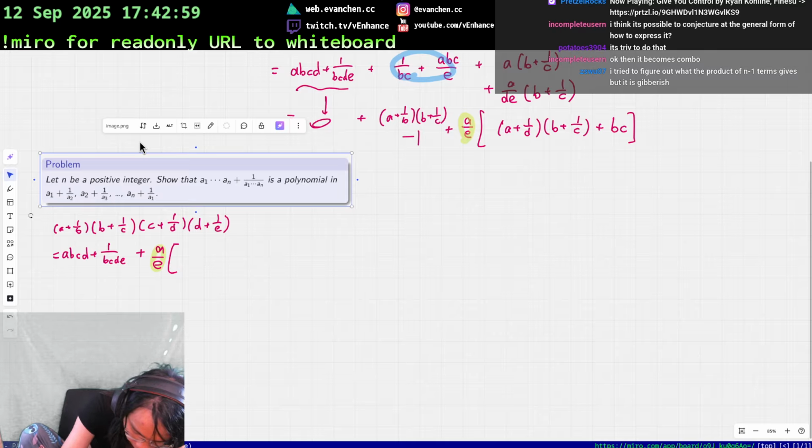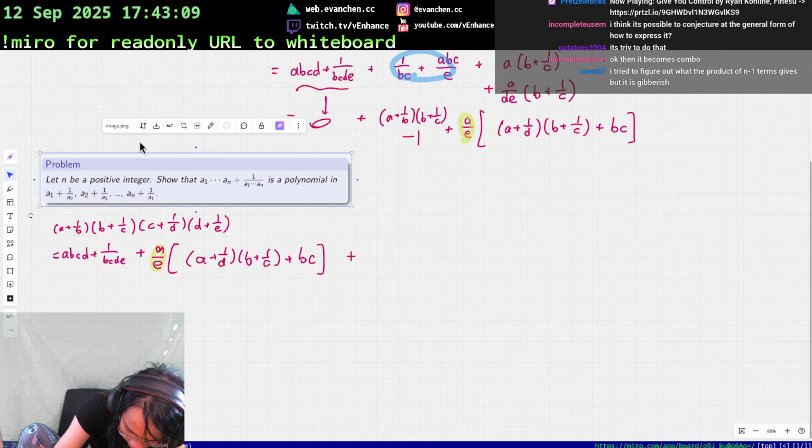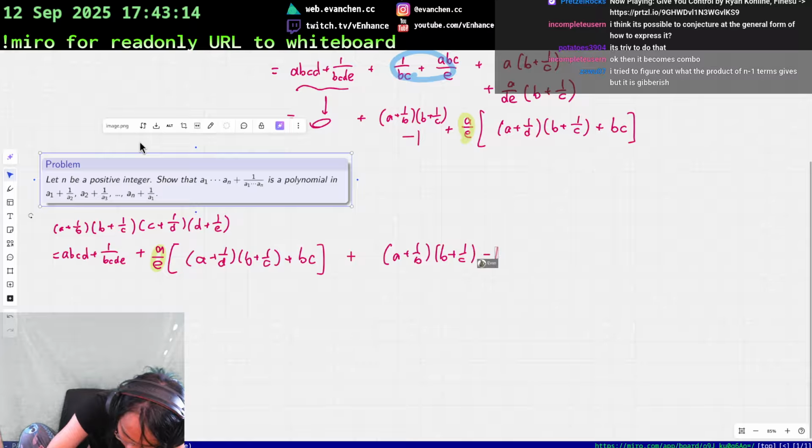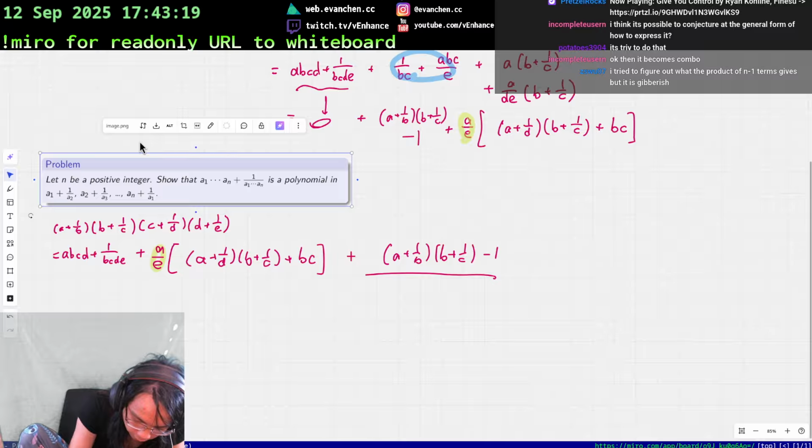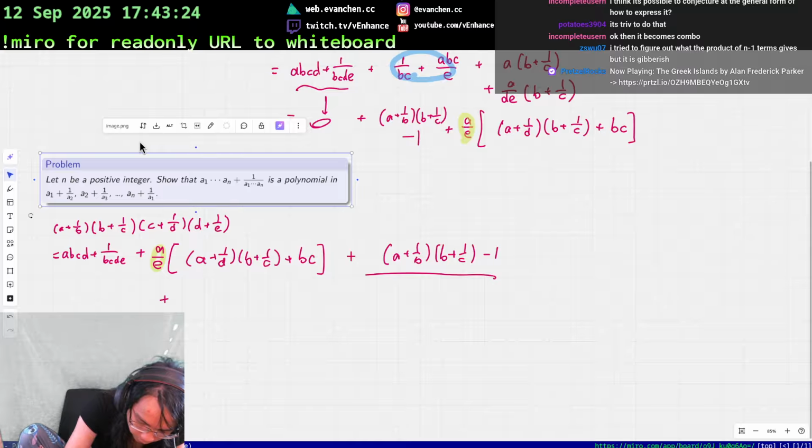Inside here I'm going to have to refactor this a bit, because it's not quite what I want. Stuff outside happened to factor: a plus 1 over b, b plus 1 over c minus 1. This part's okay, and then some other stuff that is okay and I don't really care about, but turns out to be equal to the new term d plus 1 over e times old stuff, which happened to be c plus 1 over d plus 1 over.